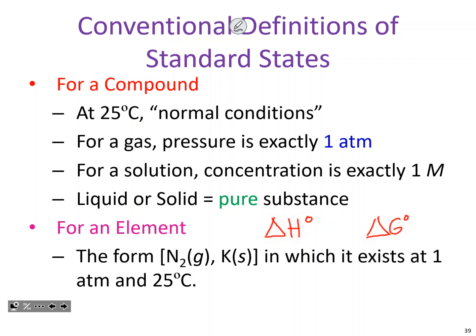You're going to see other ones, like delta S, entropy, Gibbs free energy. But anytime it has this little degree symbol next to the symbol, you know you're at standard state, which is 25 degrees Celsius, 1 atmosphere. Or if it's a solution, it's 1 molar. Okay? So that little degree symbol tells you something as well.